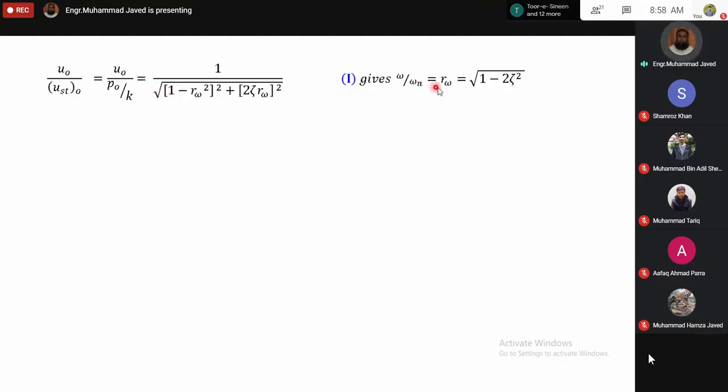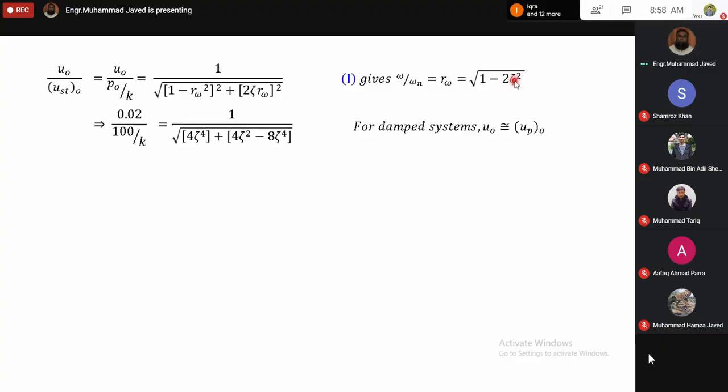Now we know that omega by omega n is equal to R omega, which is 1 minus 2 zeta square from equation 1. So if you replace R omega with 1 minus 2 zeta square under root and then simplify this, insert the values which we have already calculated or are given in the problem, we arrive at this equation.